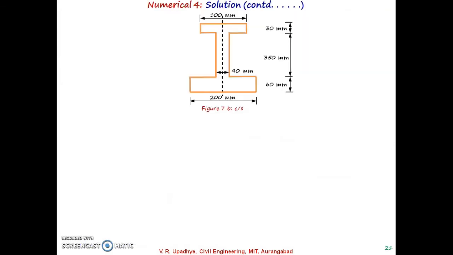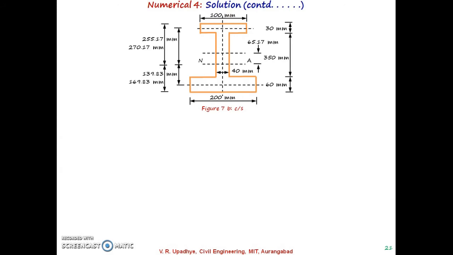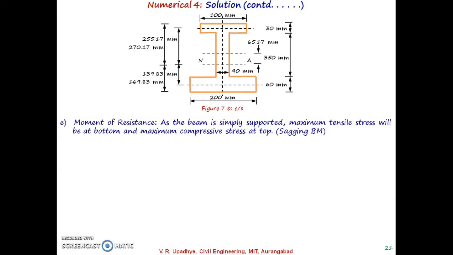In continuation of that, this was the cross section, and these were the distances. Now we need to find the moment of resistance, that is, how much bending moment that particular cross section can carry with the permissible values of tensile stresses and compressive stresses.